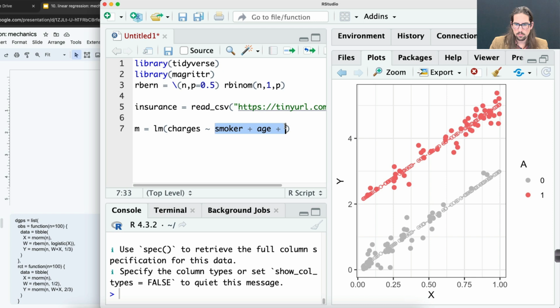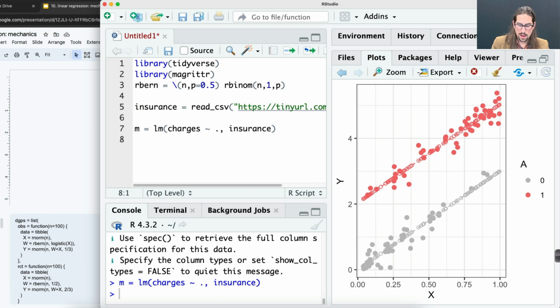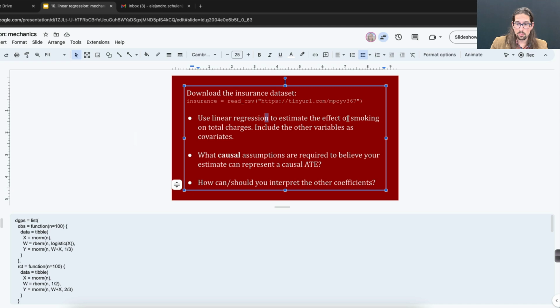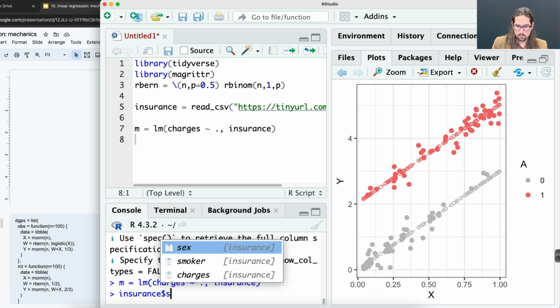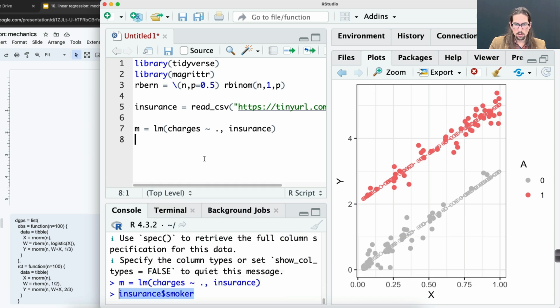Okay, so use a little dot to just include everything. So we have that. So now we need to ask what would have happened to these people? What would their charges have been had they all been smokers, contrary to the fact? So it's the effect of smoking. So I think that variable is called smoker. Yeah. Okay. So to do that, I will predict using that model on the insurance data, but I'm going to say that everyone was a smoker.